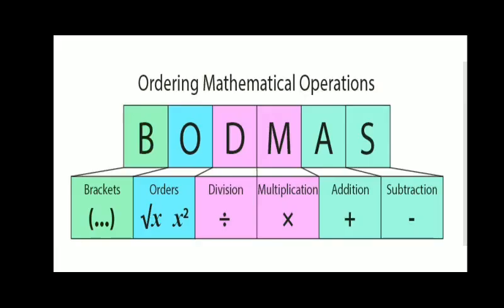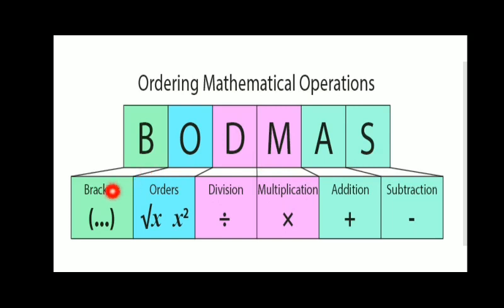Next, coming to BODMAS rule. When solving math sums which are having multiple operations, we can use this BODMAS rule to identify the correct sequence or order of operations to be done. So this is the sequence. Here B means brackets.